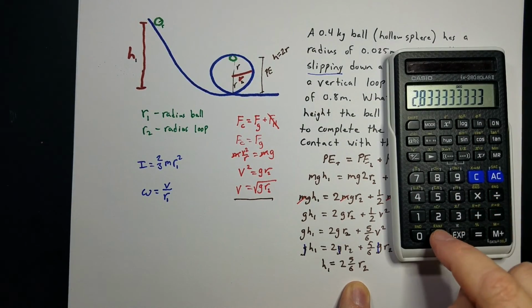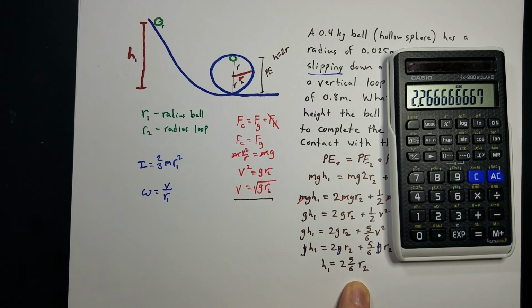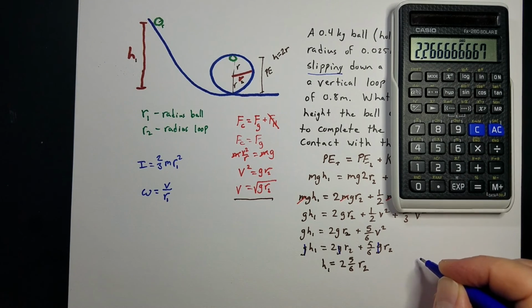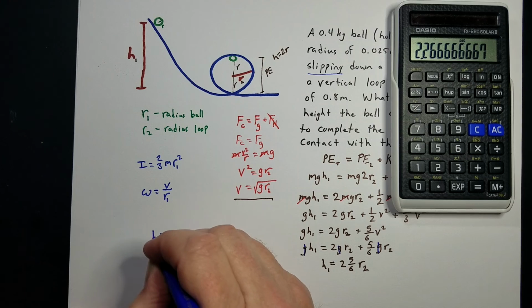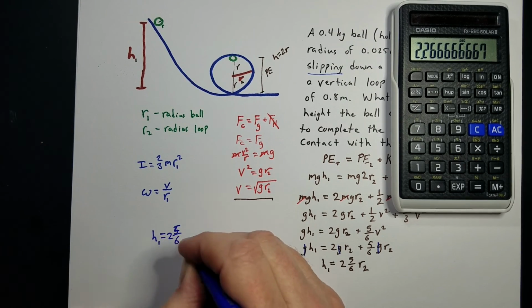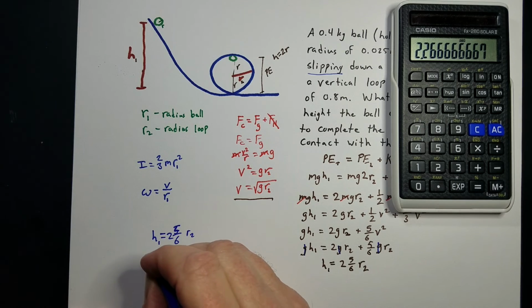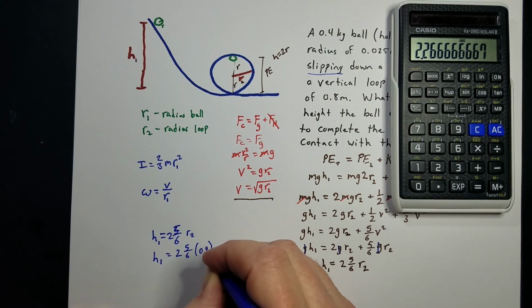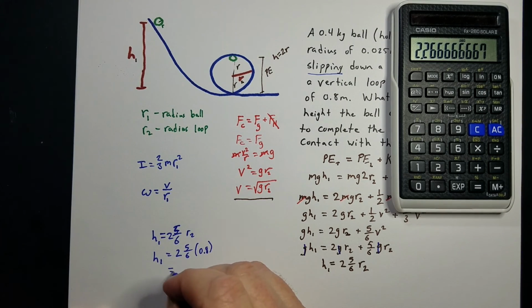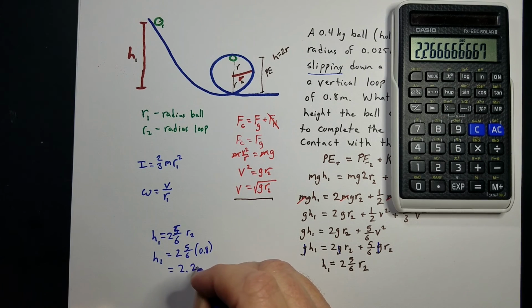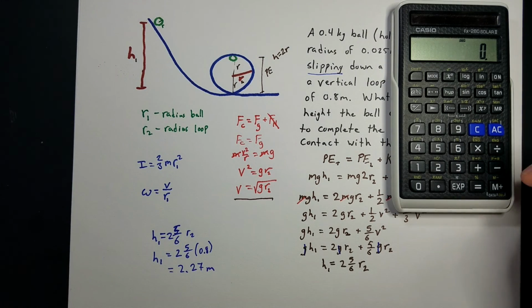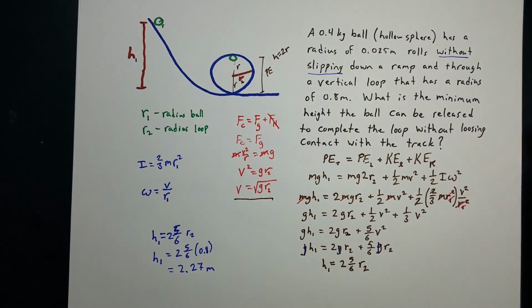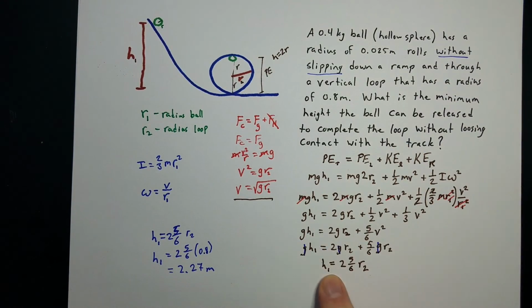So h1 will equal 2 5/6 times 0.8, and we get 2.27 meters. So it has to be dropped from nearly 3 times the radius of the loop in order to make it through. If we solve things algebraically, it may look like a mess, but we simplified it down to something really simple.